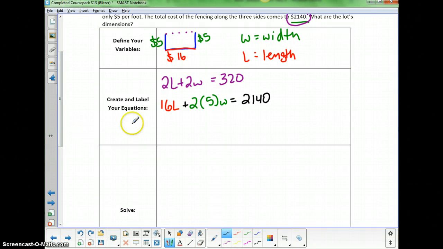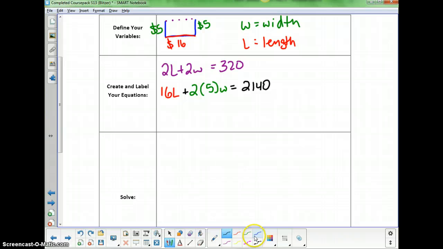So these are my 2 equations, and I can choose to use either substitution or elimination. Since I don't have any coefficients that are 1, I'm going to use the elimination method, or addition method. First I'll rewrite the cost equation by multiplying the 2 and 5 together, so the coefficients are 16L + 10W = 2,140.